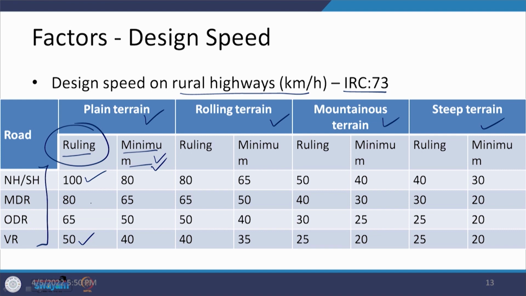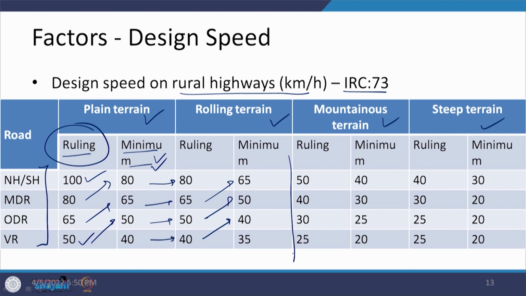And if you try to understand how these are changing, I am just giving you an idea that these values are going to be replicated in this form, and then they are going to be replicated further here in this way. So, you get the ruling values for a rolling terrain, and then again what you found is that they have been transferred with respect to the minimum values in this form. Now, some changes are going to be there at this front, where plain and rolling is on one side and mountainous and steep are on the other side.